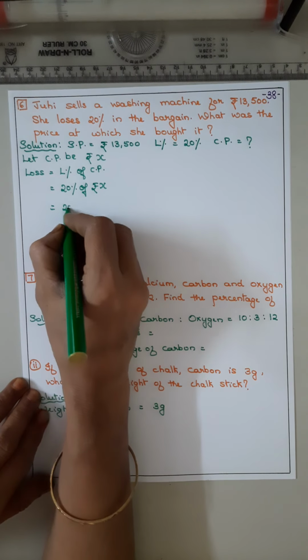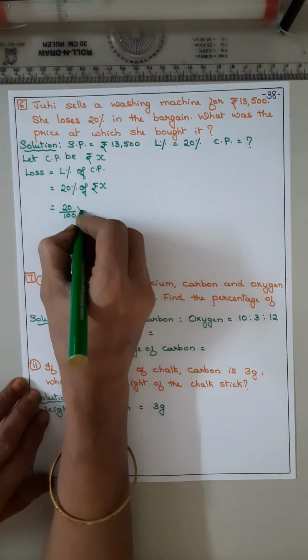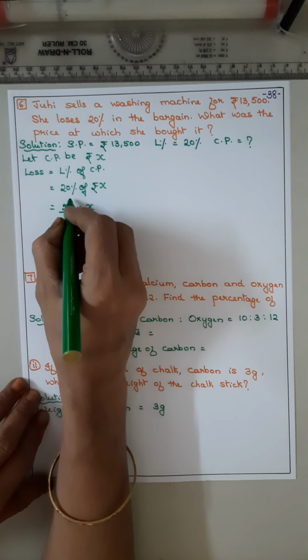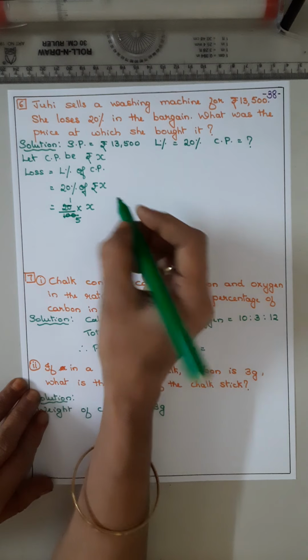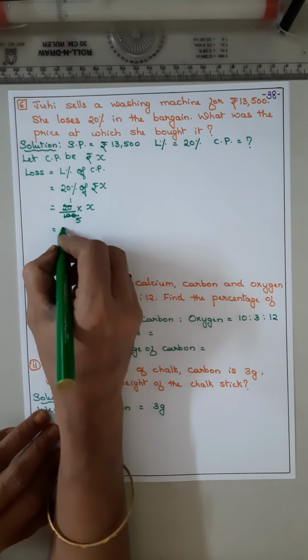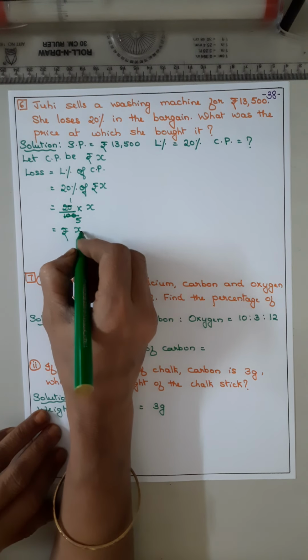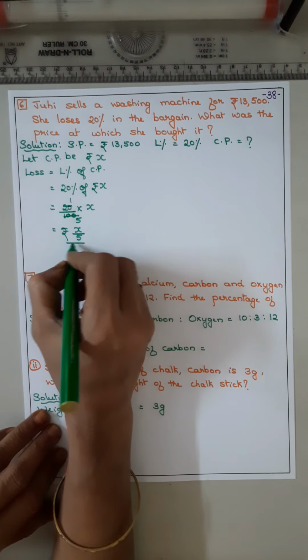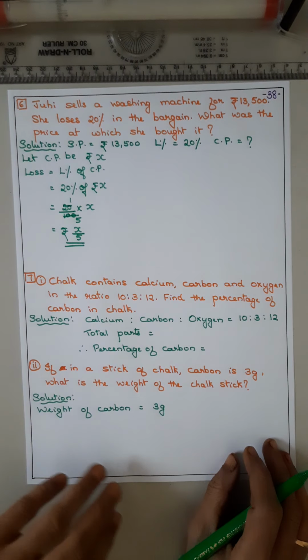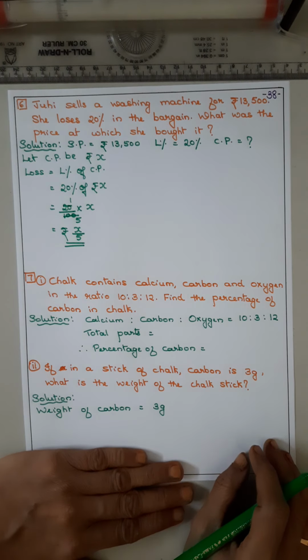That is 20 by 100 into x. 20 ones are 20, 5 twenties are 100. So you got ₹x by 5. So loss मिला x by 5.